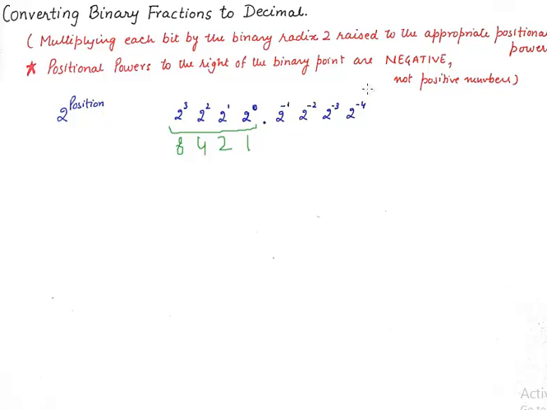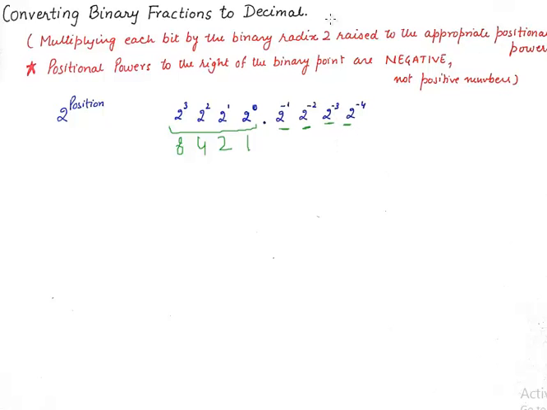They'll have negative powers. So 2 raised to the power minus 1 will be the first positional power, minus 2, minus 3, and as we move along in the right direction of the fraction, this power is going to increase.